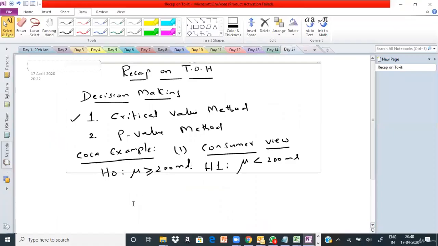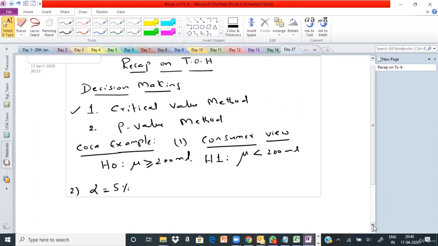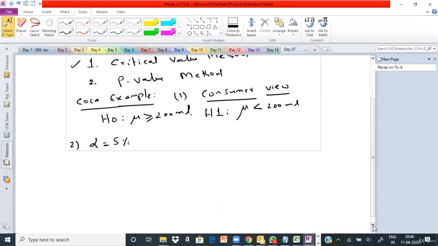Go back here. Second step. What is alpha? By default, nothing has been given, so I'm taking it as 5%. Now here is the situation. A couple of things you need to remember always. Always, very, very important.